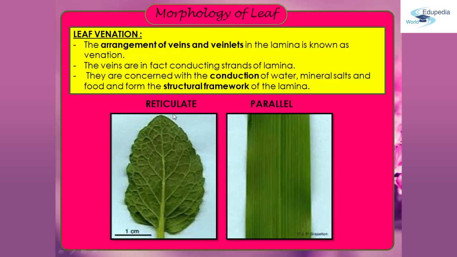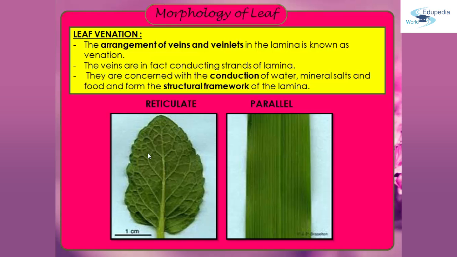See, venation is of two types. One is reticulate and the other is parallel. When the veins run parallel to each other within a lamina, that is known as parallel venation. And what happens in reticulate? When the veinlets form a network, as you can see, a messy network, then that is known as reticulate.